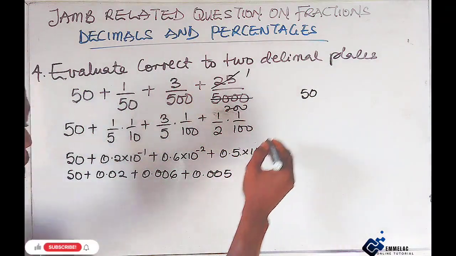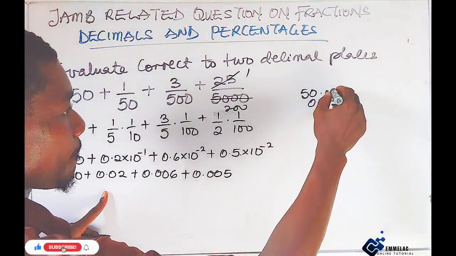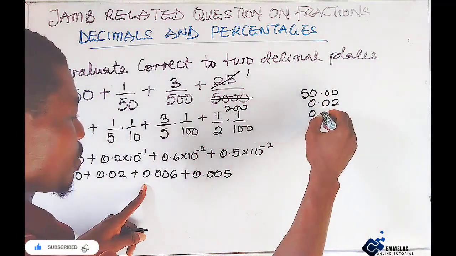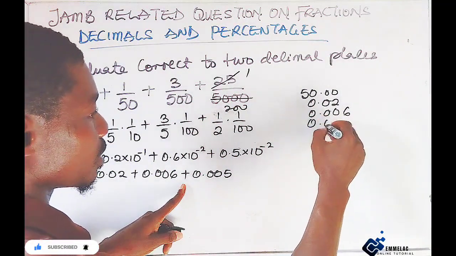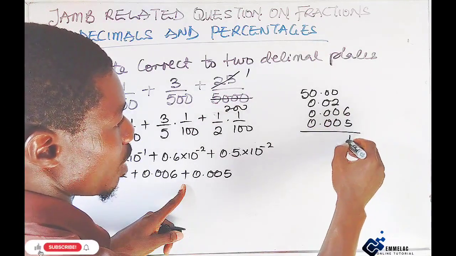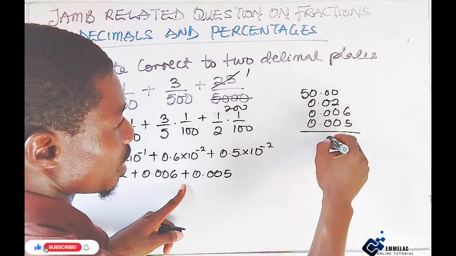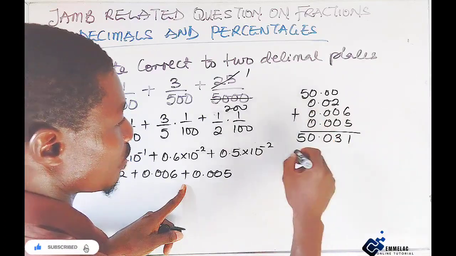Now adding all this together we have 50, now plus 0.02, now plus 0.006, now plus 0.005. Now here you have 1, here you have 3, here you have 0, you have 0, here you have 5. You're adding everything.